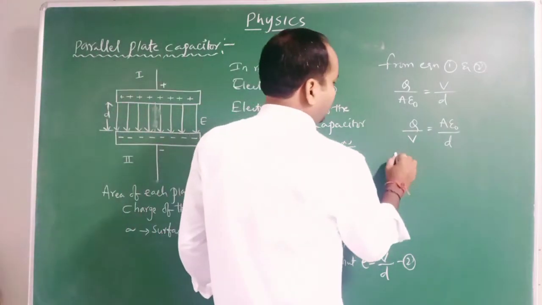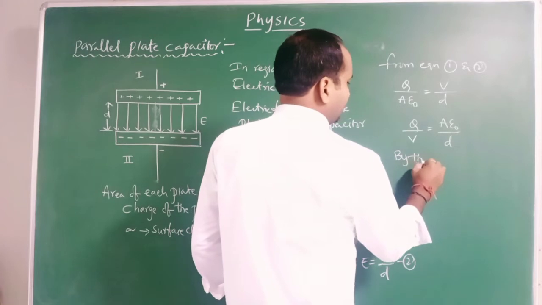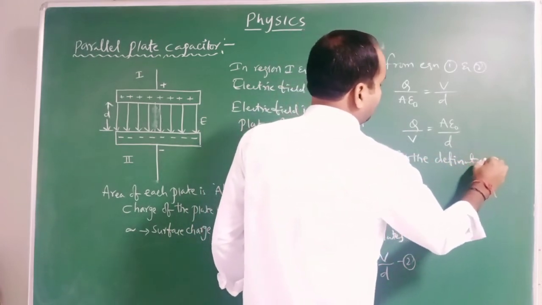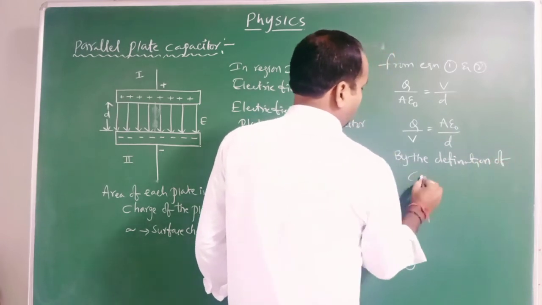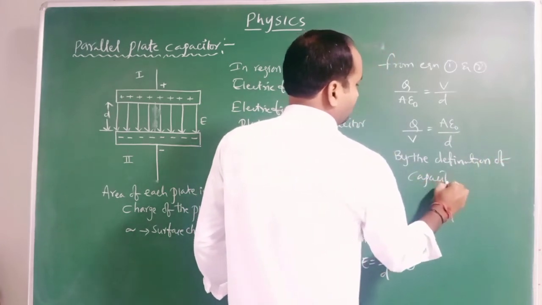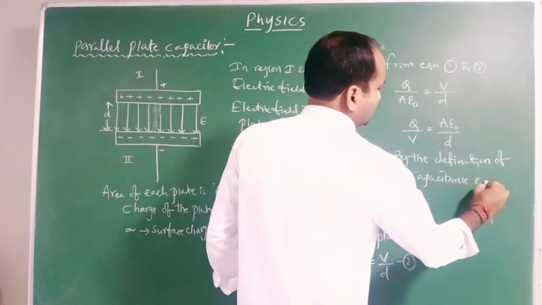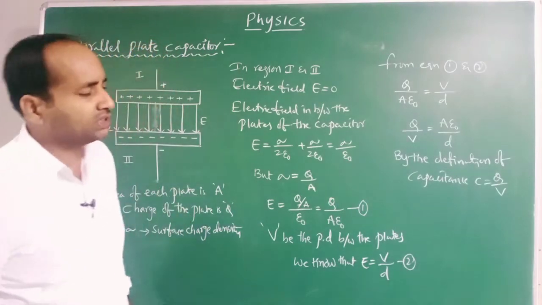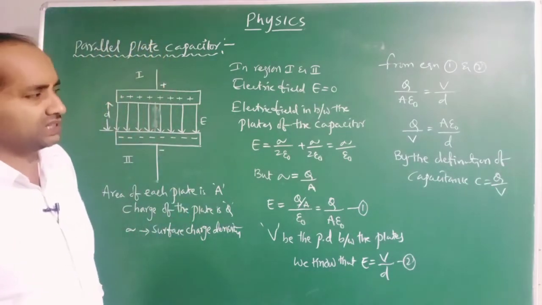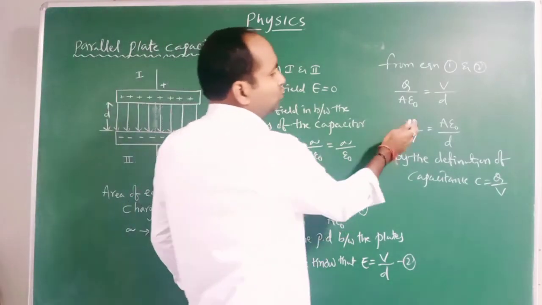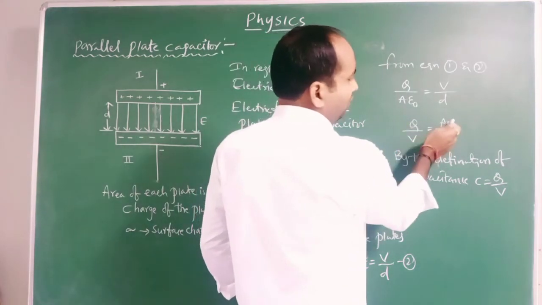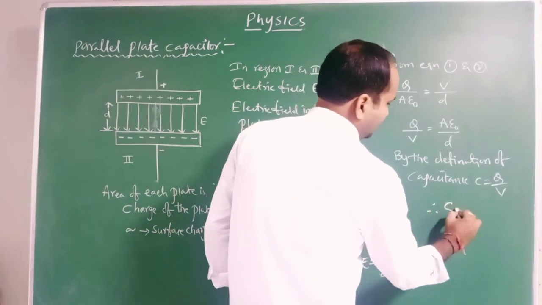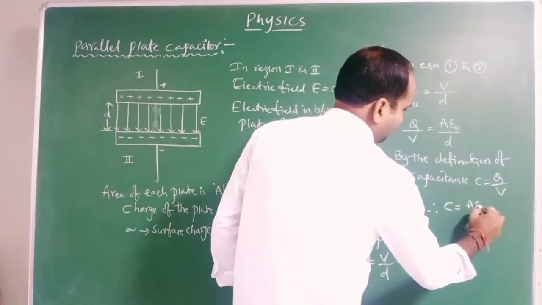By the definition of capacitance, C is equal to Q by V. The ratio of charge on the capacitor to the potential is called capacitance. So Q by V is C. Therefore, we may write C is equal to A epsilon naught by D.